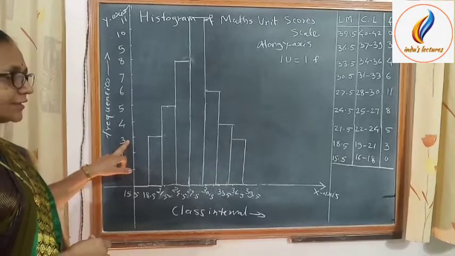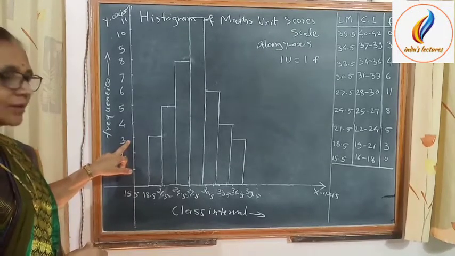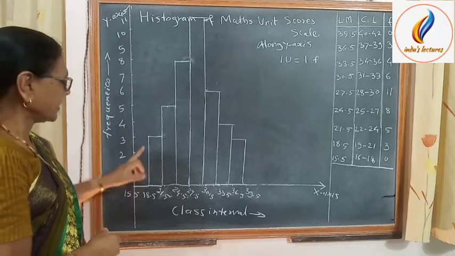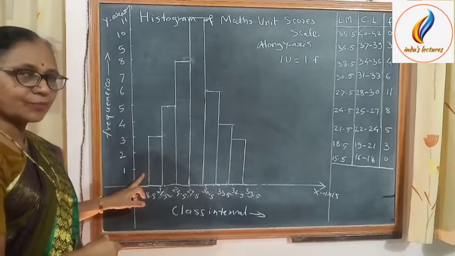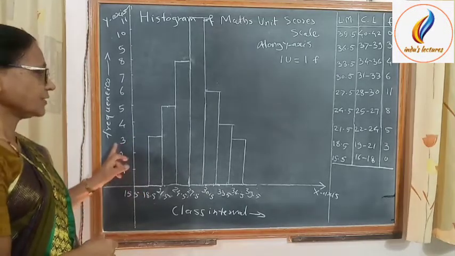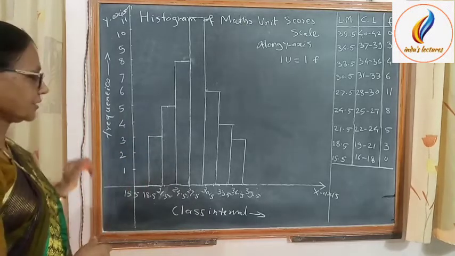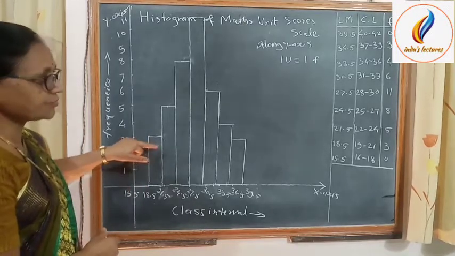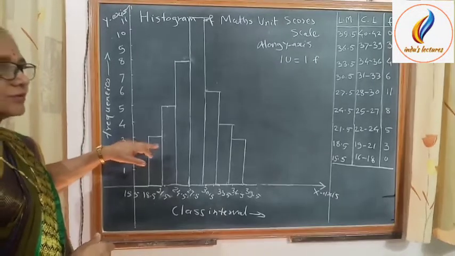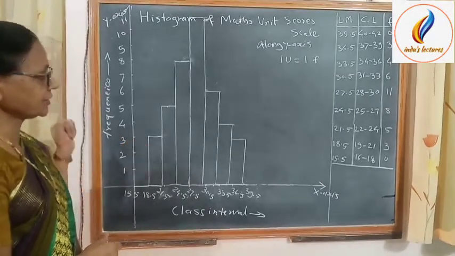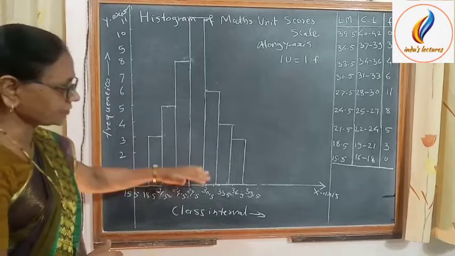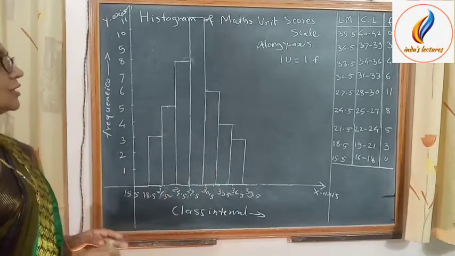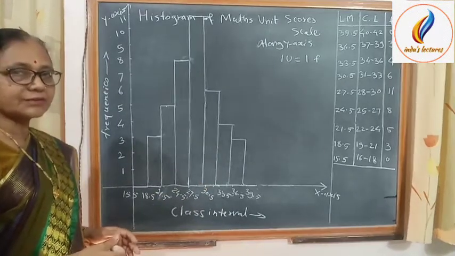That means for each class interval, the length of the bar is proportional to the frequency of that corresponding class interval, and the width of each bar is the same, equal to the length of the class interval. In this way we can draw the histogram of a class interval frequency distribution.